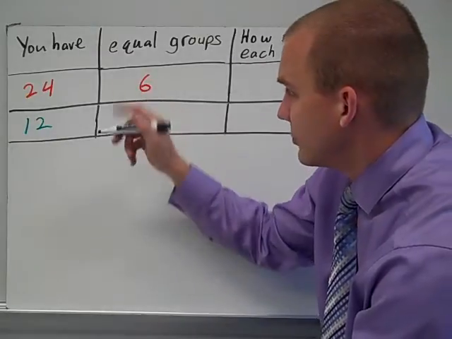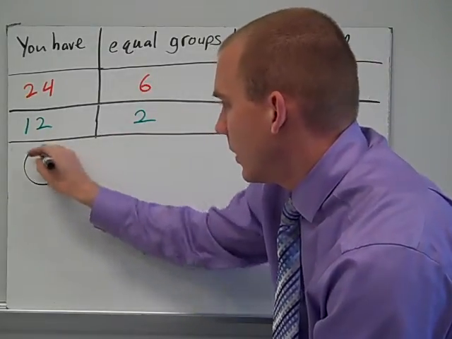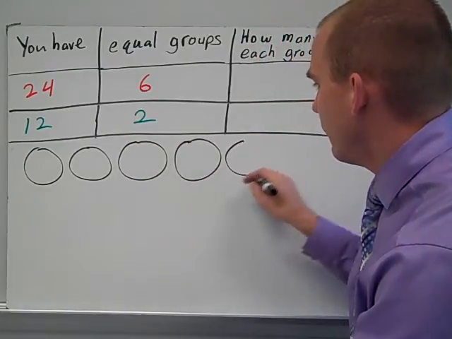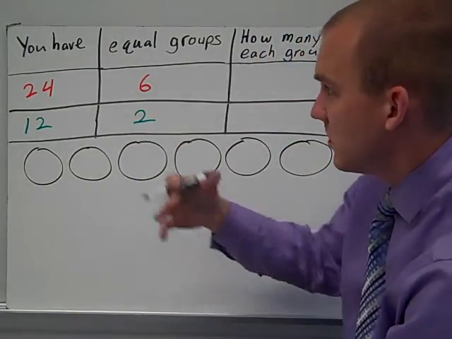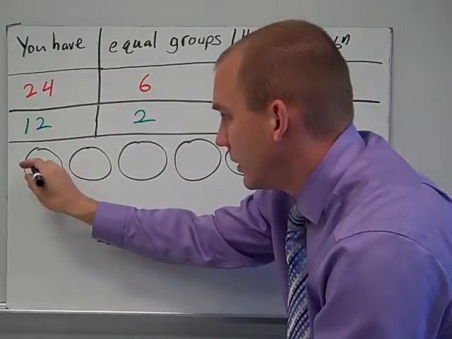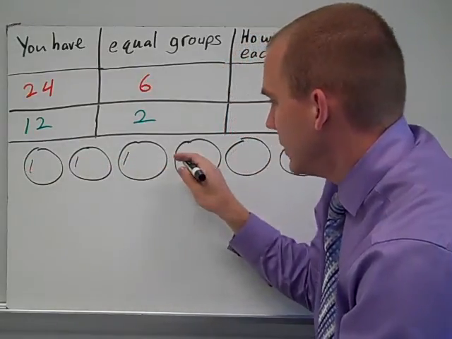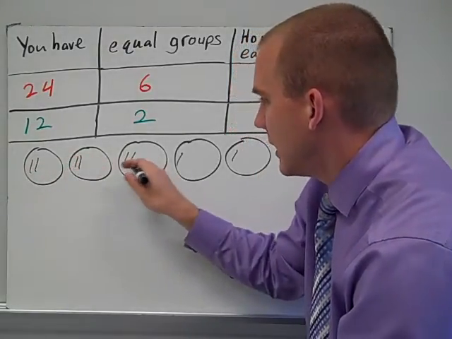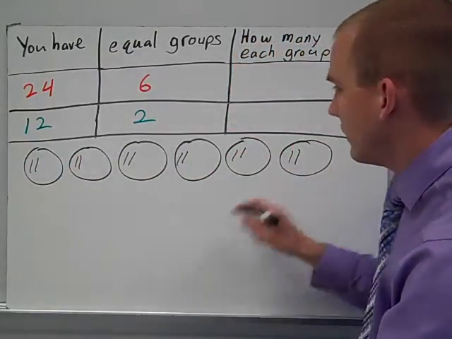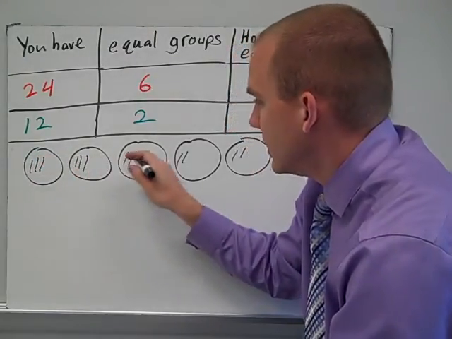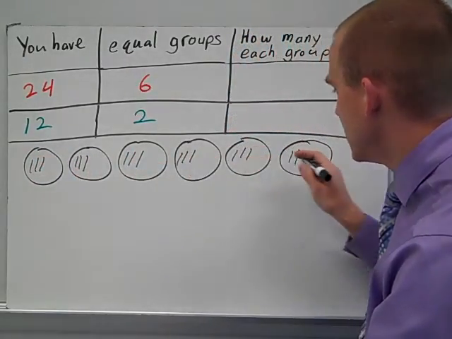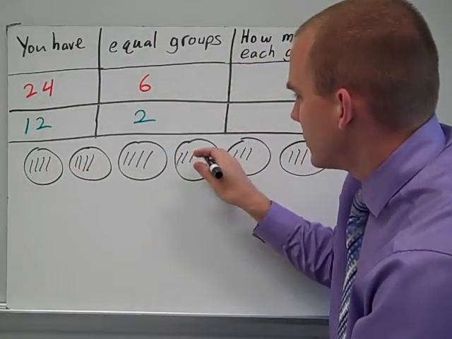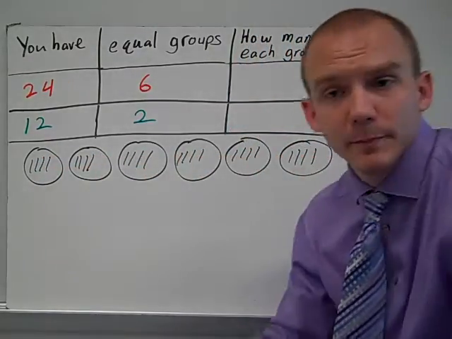Same deal, except now we draw 6 bags. 1, 2, 3, 4, 5, 6. And let's divide up those 24. 1, 2, 3, and so on up to 24.